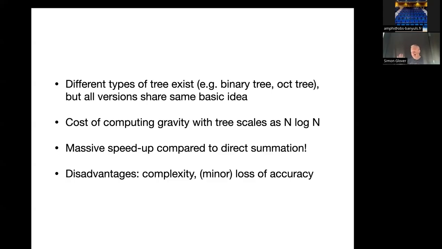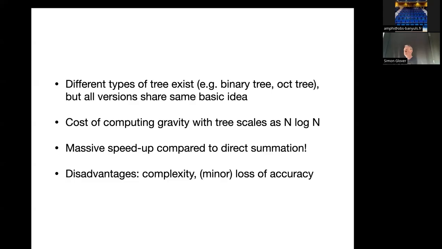The disadvantage is, of course, doing this is more complex than dealing with direct summation, particularly when you're dealing with a code which is running on multiple CPUs, and you are giving up a bit of accuracy.